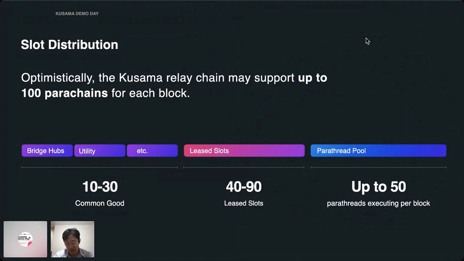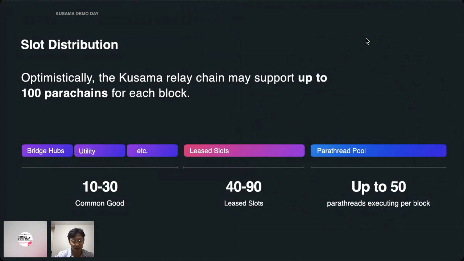Now, what this means is that there's a limited number of parachains, right? And if you further break down these 100 or so included parachains per block into more specific examples, about 10 to 30 of these parachains are going to be what's called common good parachains.